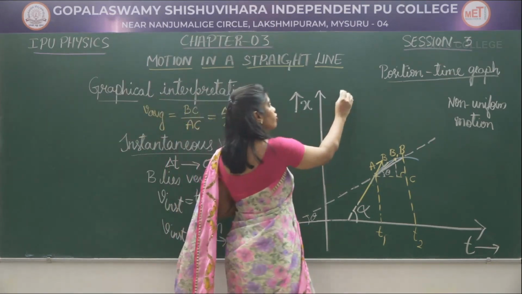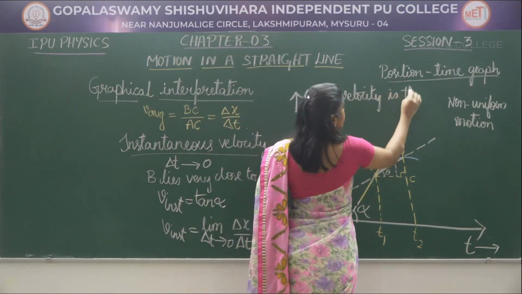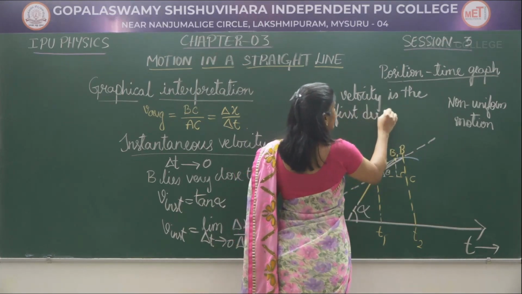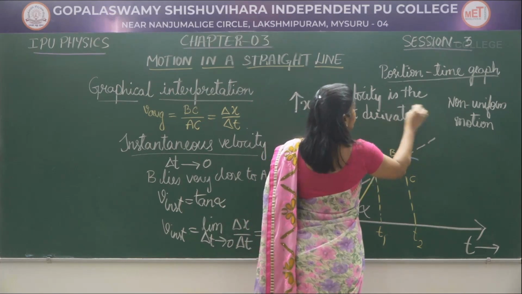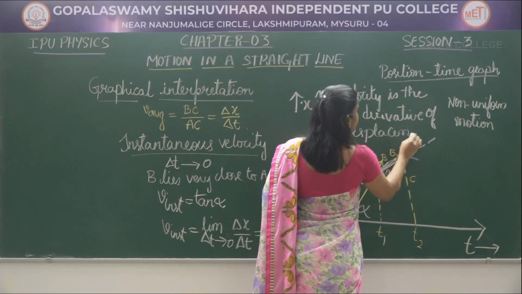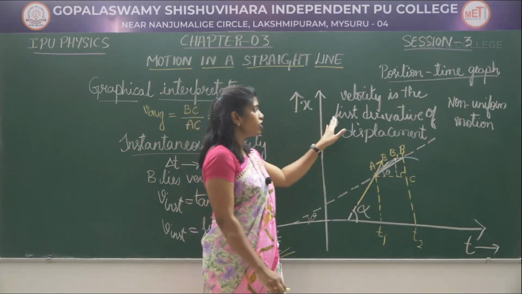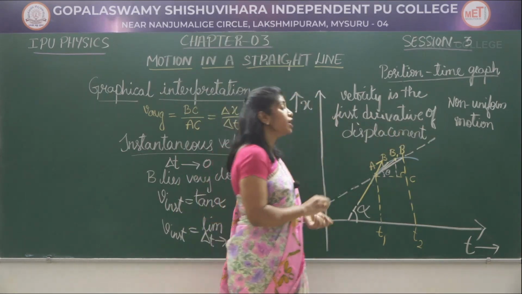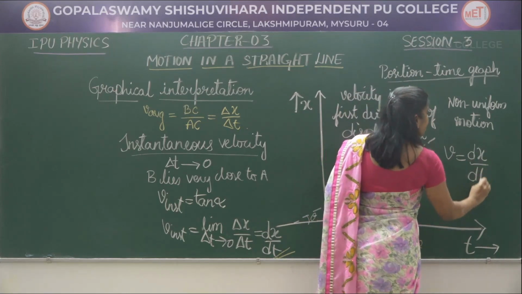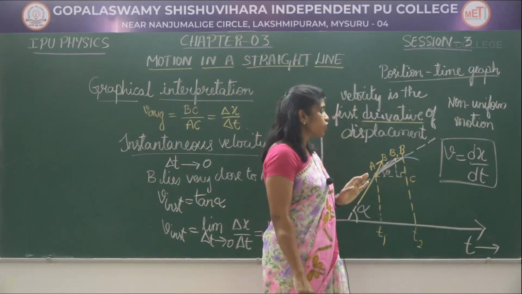I can also write velocity as the first derivative of displacement. Velocity is also called the first derivative of displacement because we write the velocity as dx by dt. So what does the derivative mean?